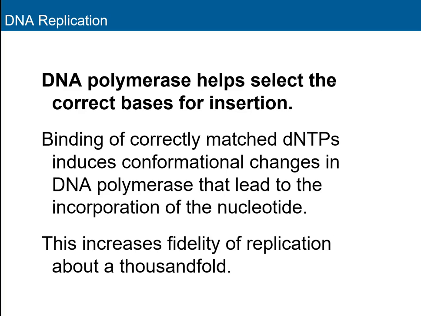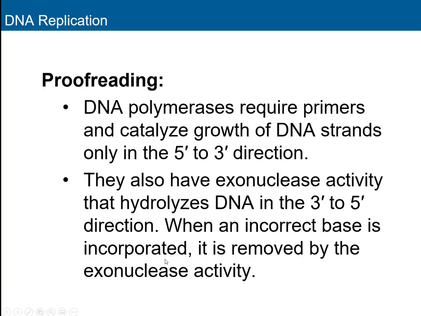So the fidelity would be decreased. We said that you have increased fidelity because of this proofreading activity. If it's not there, then you would decrease the fidelity, increase the mistakes, increase the number of mutations.